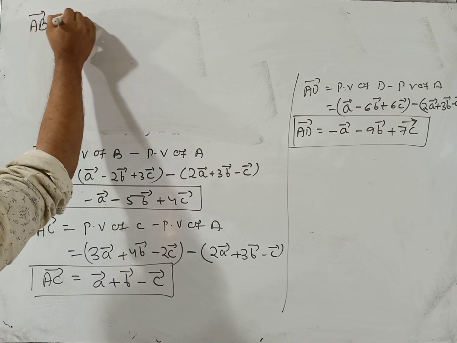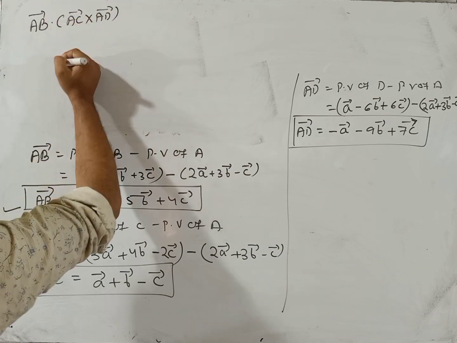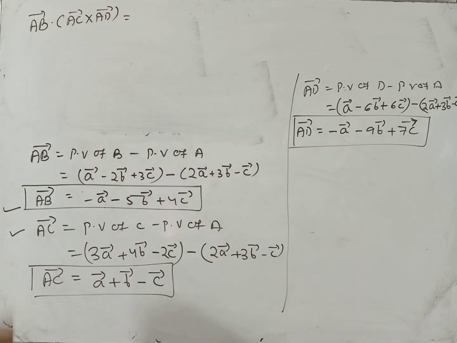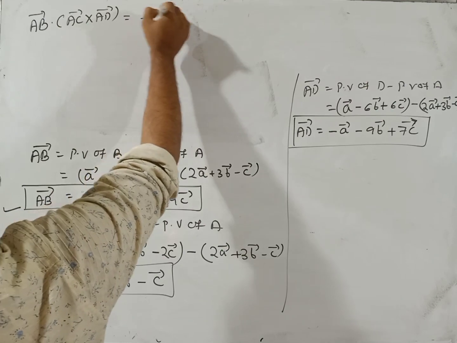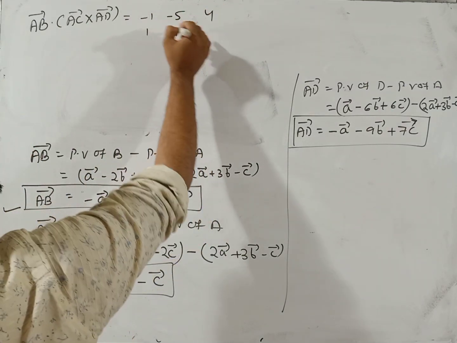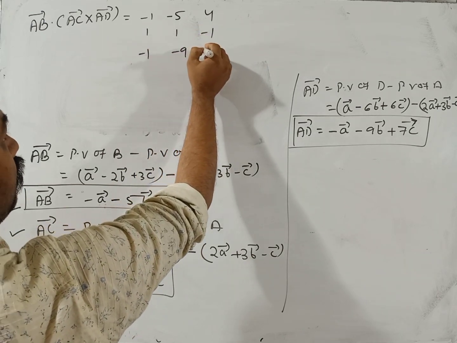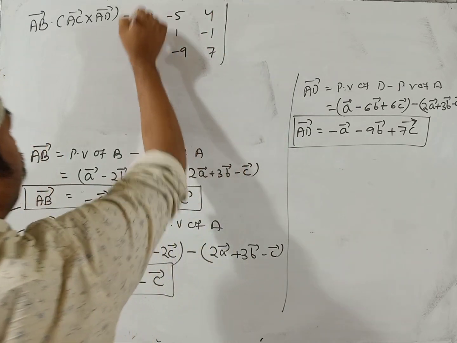Now we take the AB vector dot product with the cross product of the AC vector and AD vector. So it will be the determinant with rows minus 1, minus 5, 4; 1, 1, minus 1; then minus 1, minus 9, plus 7.